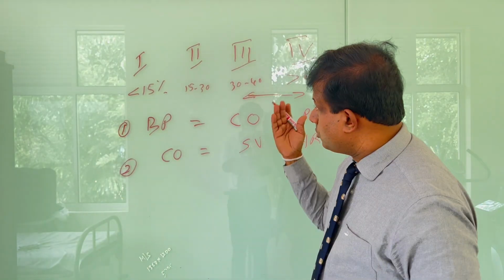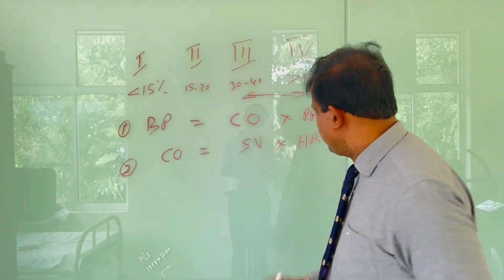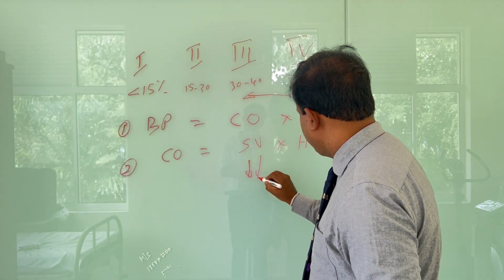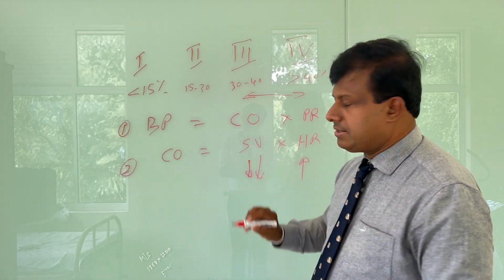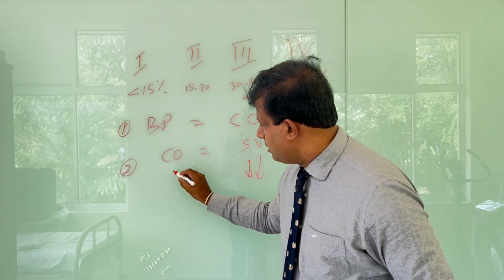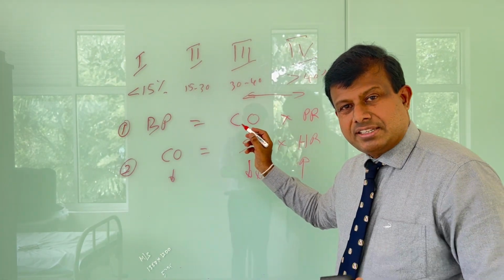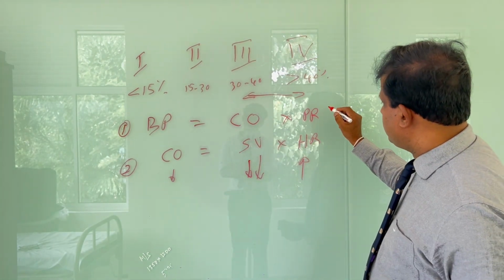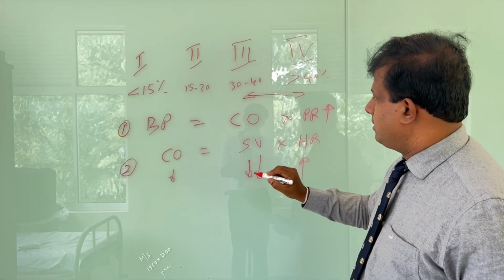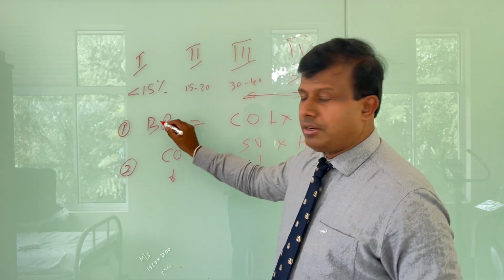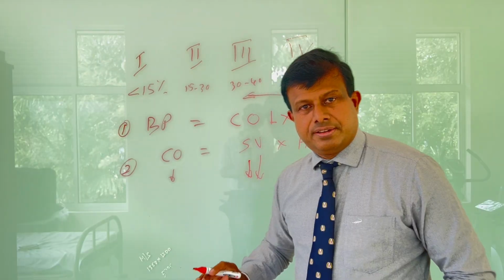So when it comes to class 2 shock, further blood loss, stroke volume further drops, heart rate is maximum increased, cardiac output tends to decrease. When the cardiac output decreases somewhat, what the body does is increase in the peripheral resistance. Ultimately, somehow the blood pressure is maintained.